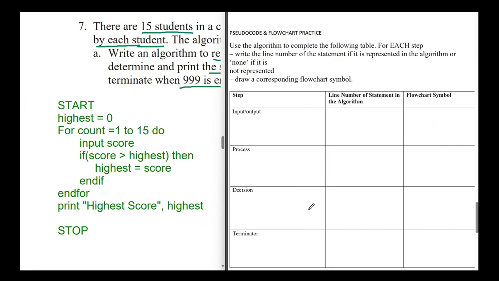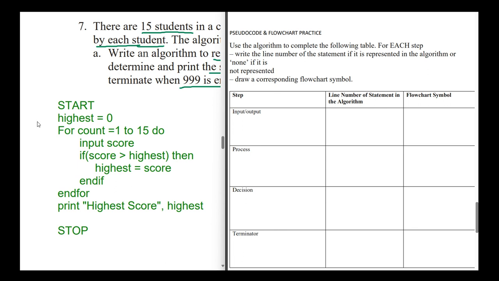So we're doing the same thing for this other one, where we're going to look at the algorithm that we wrote, and we're going to try to identify the flowchart symbol based on which ones are input, output, process, decision, terminator, right? This algorithm was getting a score and determining which one was the highest score.